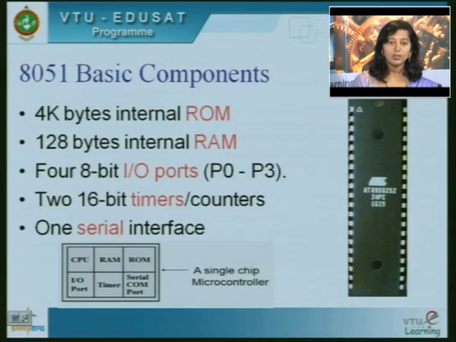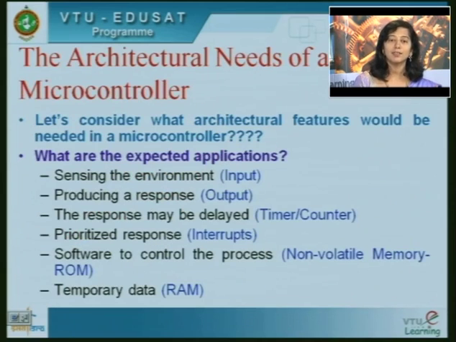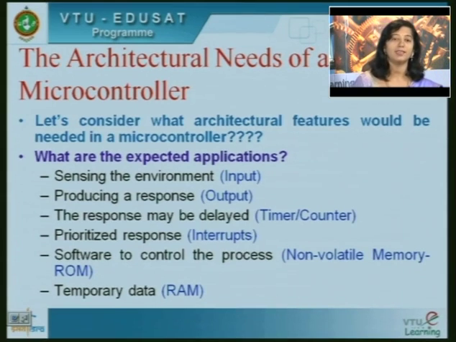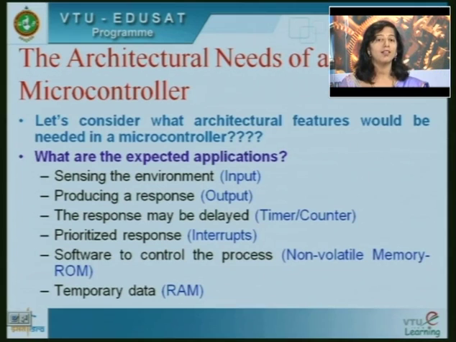So these are the different things which are needed for a microcontroller to have. So the basic things needed, as we saw, are an input device, output device or multiple input output devices, timer or counter, interrupts, ROM, RAM. These are the fundamental needs. And to interconnect all this, you need wires or buses.